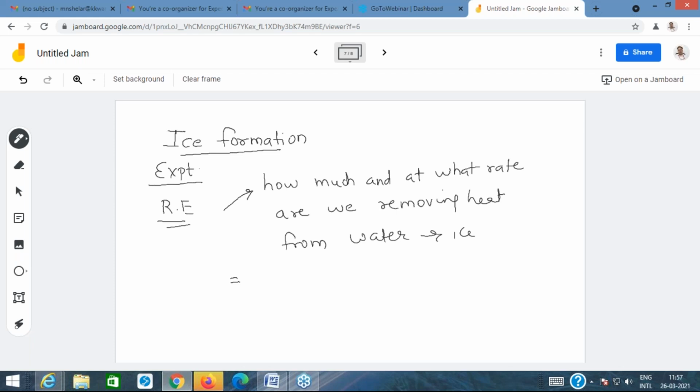So we need to know the mass of the water taken, then the specific heat of the water, and the initial temperature of the water minus 0 degrees centigrade, because the ice is formed at 0 degrees centigrade. So that will give us the sensible cooling.